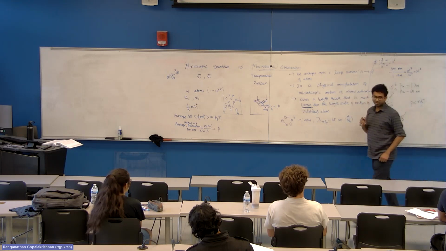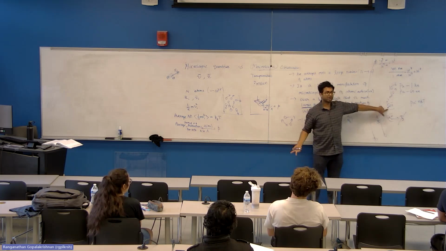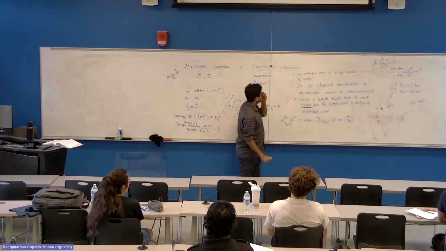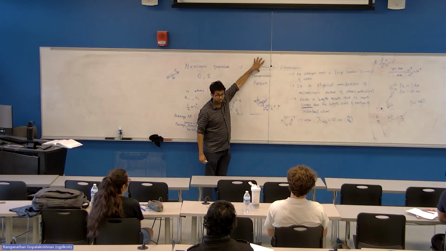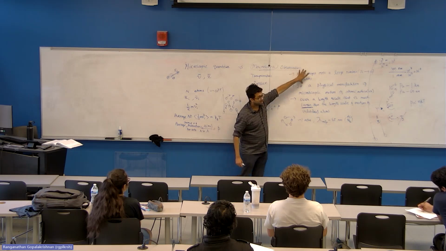So if you are in that scenario, to say that this tip is reading out a temperature is ludicrous, because that probe doesn't even collide with your gas molecules very often. So the basic condition for observing a macroscopic quantity is that first it should be an average over a large number of atoms.